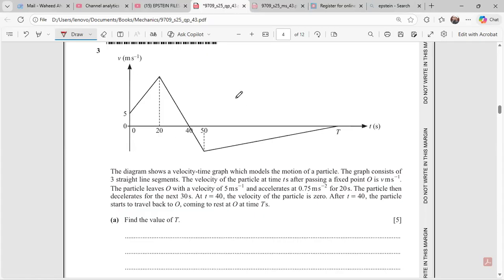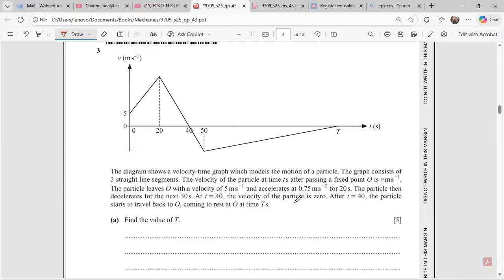When this graph is above the x-axis, the speed is positive, so the particle was moving in one direction. When this graph is below the x-axis, the speed is negative, so the particle is moving in the opposite direction, right?